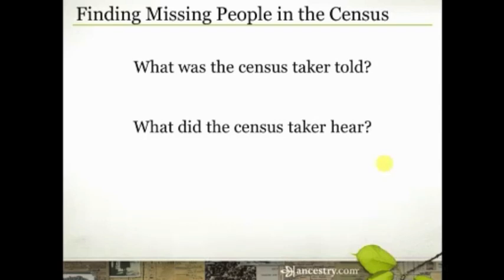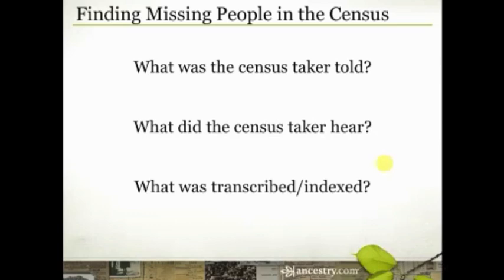Every once in a while, and people think I'm a little silly, I'll think about the accent that my German great-grandmother may have had, or the accent that my Irish great-great-great-grandfather may have had, and I'll say their names out loud, not just in my head, but out loud with what I imagine that accent to be. And then I'll write down all the different ways I would spell what I'm hearing. So keep that in mind.